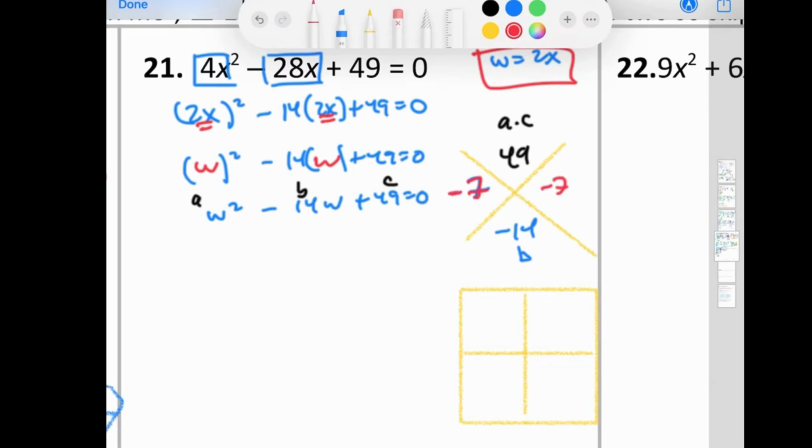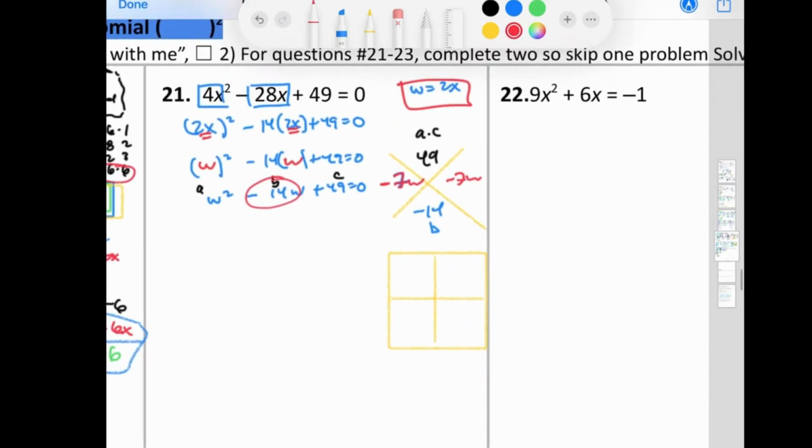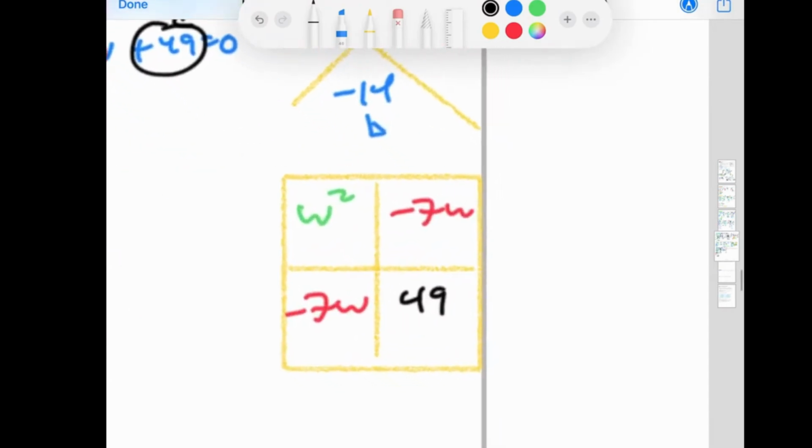Negative 7 times negative 7 is positive 49. Negative 7 plus negative 7 equals negative 14. So that represents the middle term here, so I'm going to add a w in there. You could have used x if you wanted to. And 49, that last term is always in the bottom there. And then greatest common factor: w, negative 7, w, negative 7.